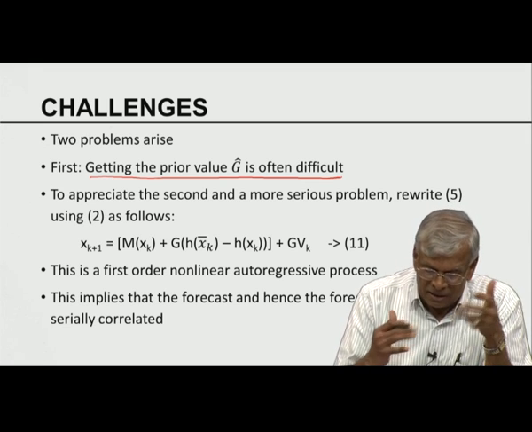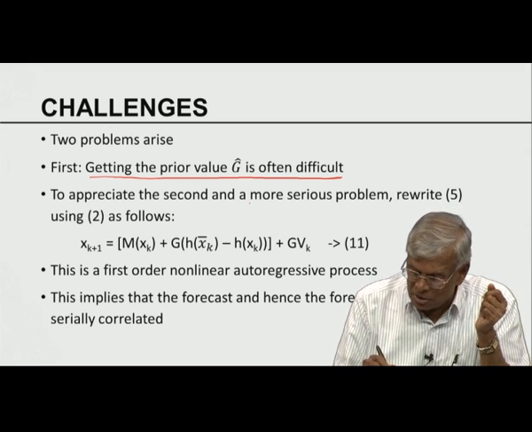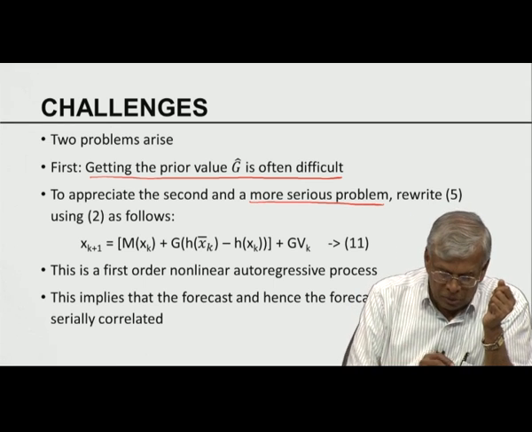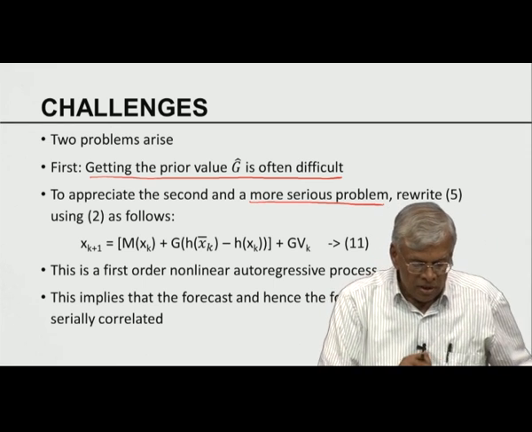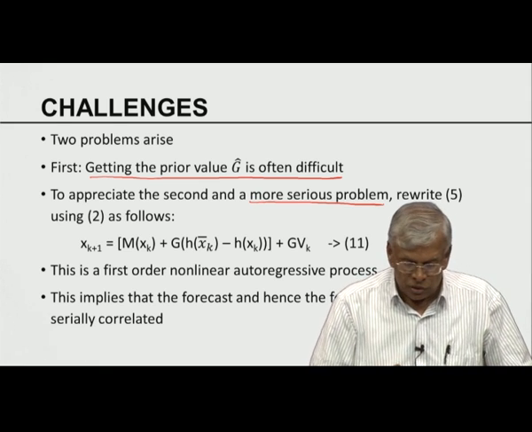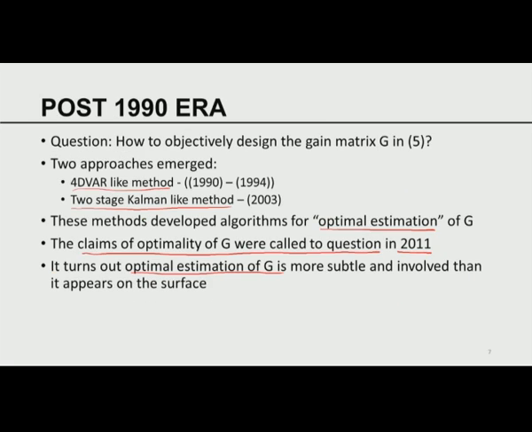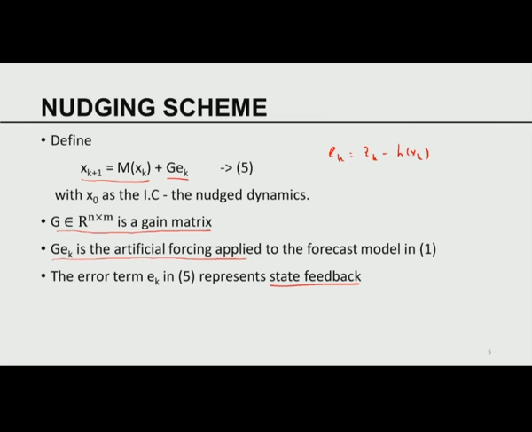To appreciate the second difficulty, and this is a more serious problem, we want to be able to write phi using 2 as follows. So let us go back to phi and 2, what they are.